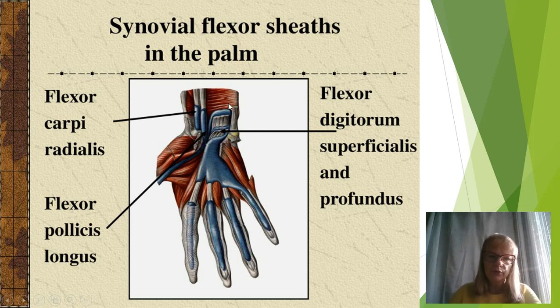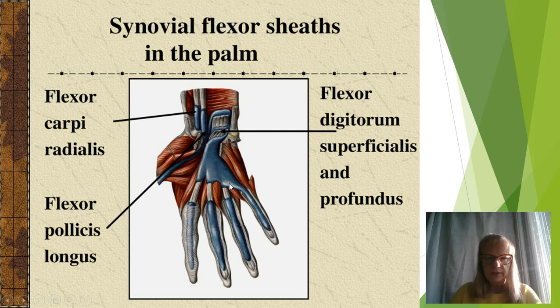Which synovial sheaths of the flexor muscles do we have? First of all, near the pollex, we have the first sheath, which continues on the first finger, for flexor pollicis longus. Along the tendons, we have the sheath of flexor pollicis longus.